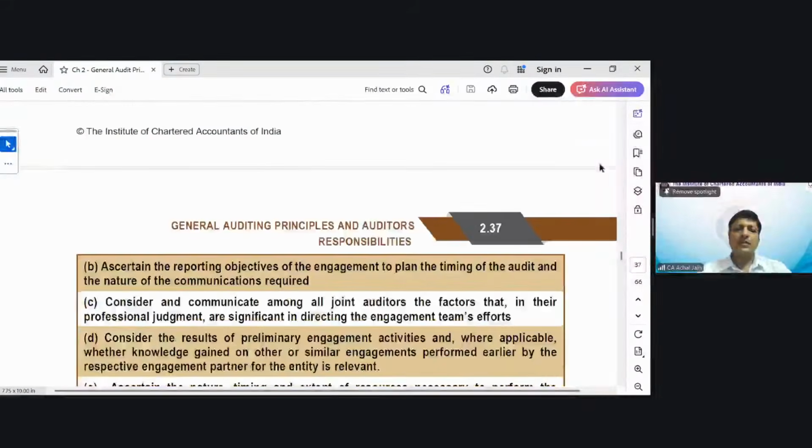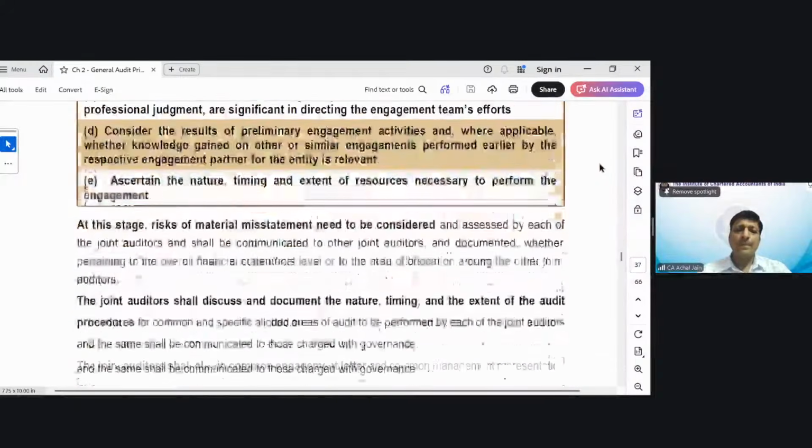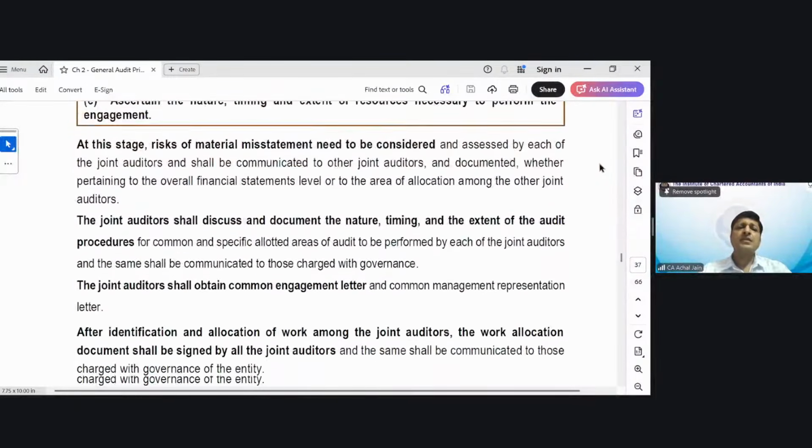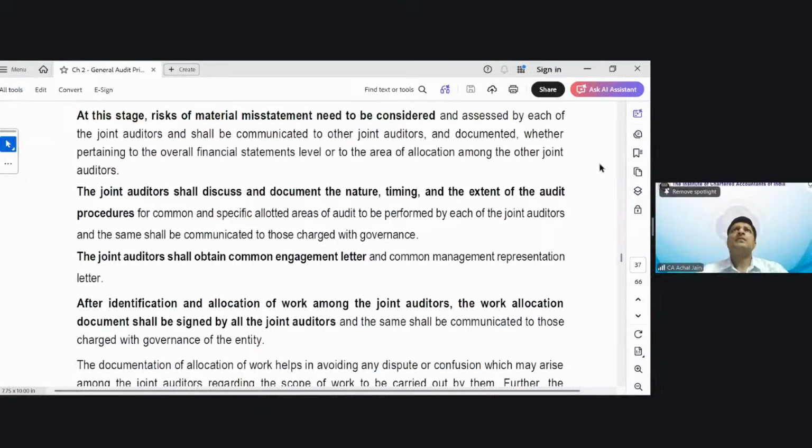Now, once the scoping is done and discussed, when it comes to the planning and the risk assessment, on the basis of the scope of work of the auditor, they will be doing their own planning and their independent risk assessment. So that will not be a joint discussion.